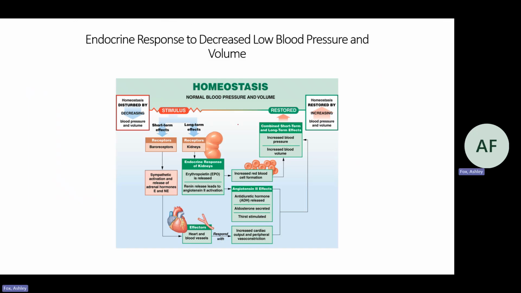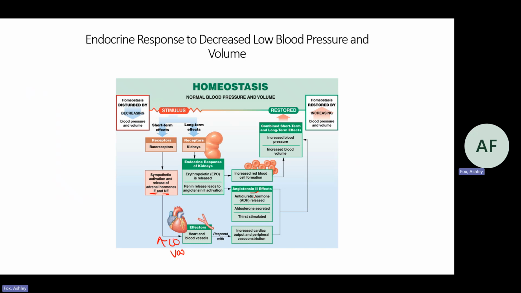So just looking at it again, so short-term effects, baroreceptors, adrenal hormones of epinephrine and norepinephrine is going to increase cardiac output and vasoconstrict. Then we also have angiotensin 2.